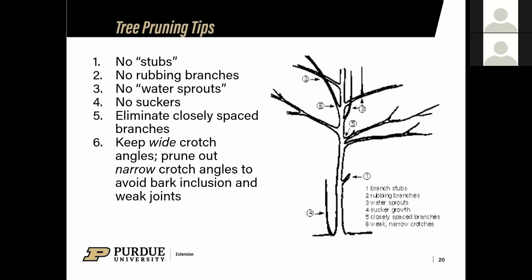We want that to be as wide as possible. If anybody is familiar with Bradford or Callery pears, Aristocrat pears, that get up to 15+ years old and half the tree falls off into your front yard during a storm, that's all because of those really close, narrow crotch angles on those branches. So selectively prune for those wide angles.